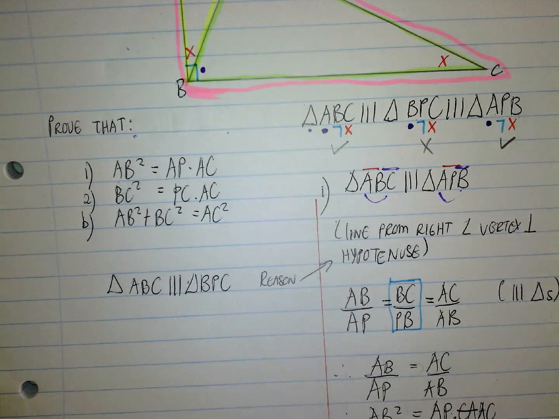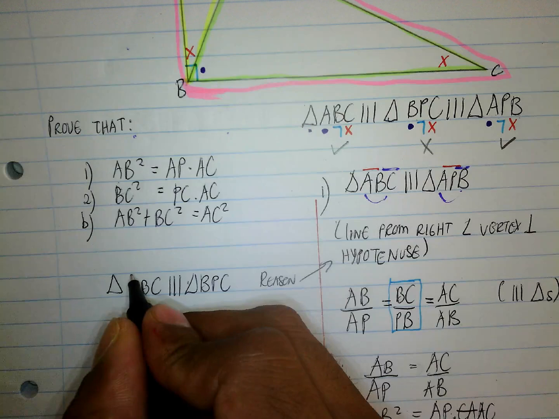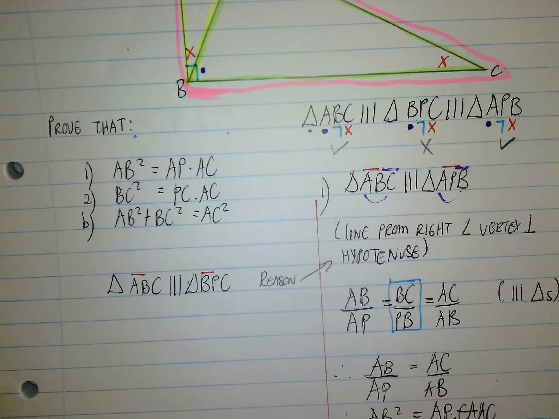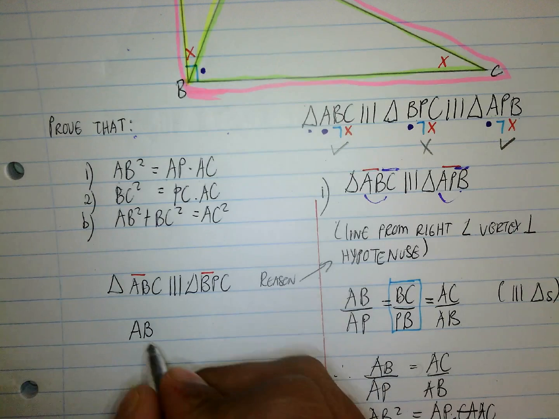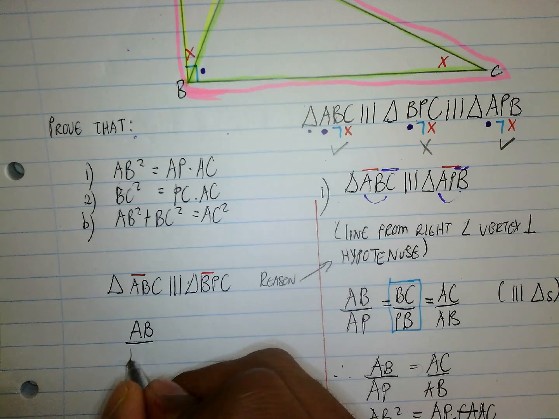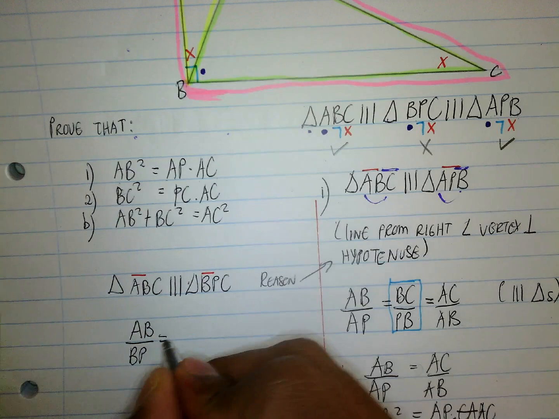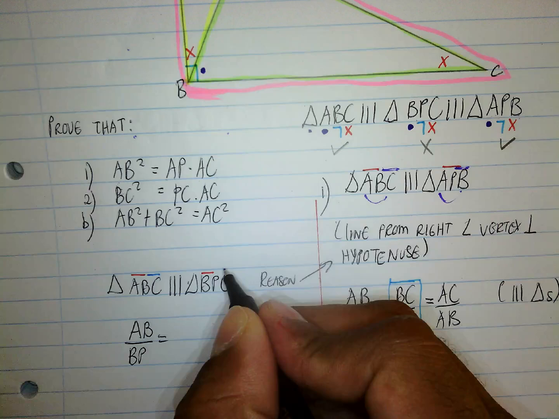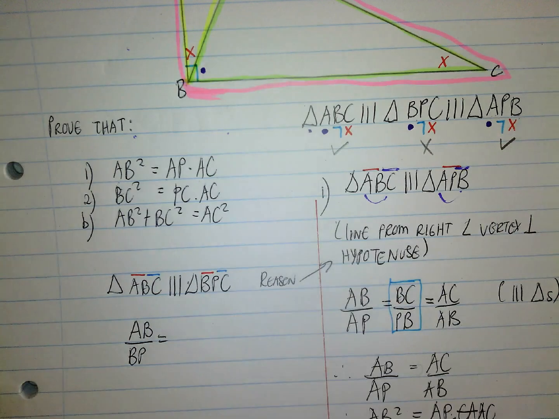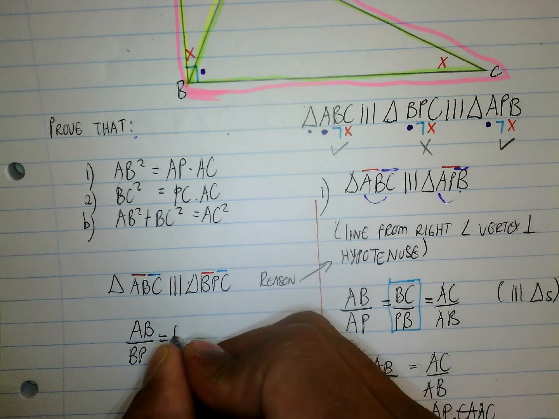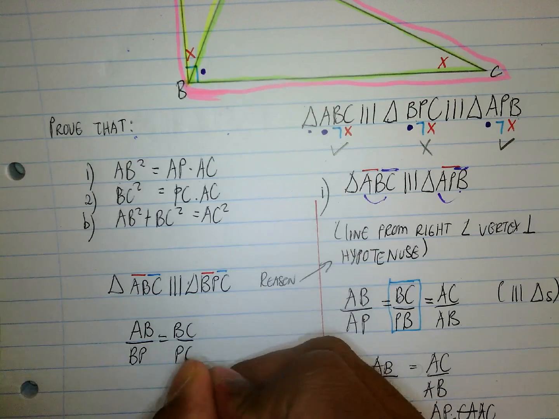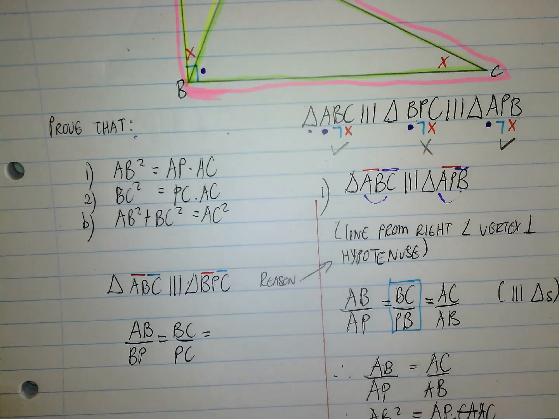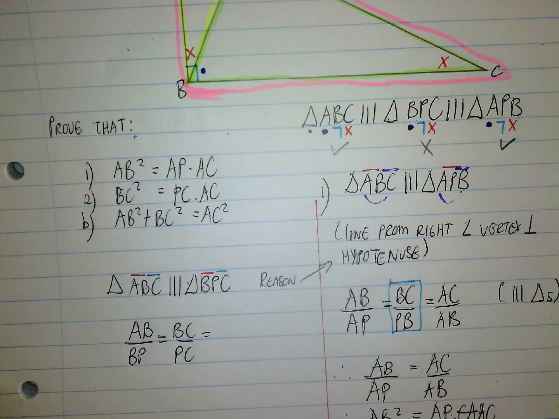So we have BP, we have AB over BP, then we have BC over PC, then lastly, we're going to have AC and BC.